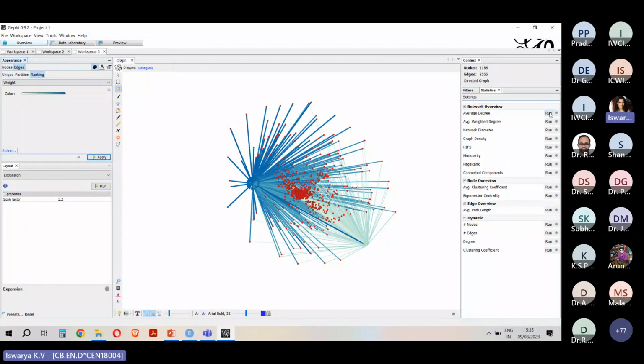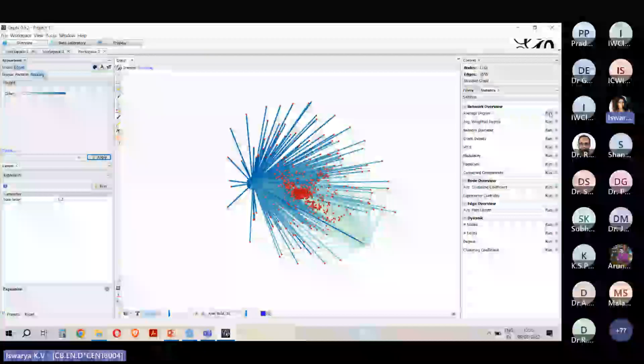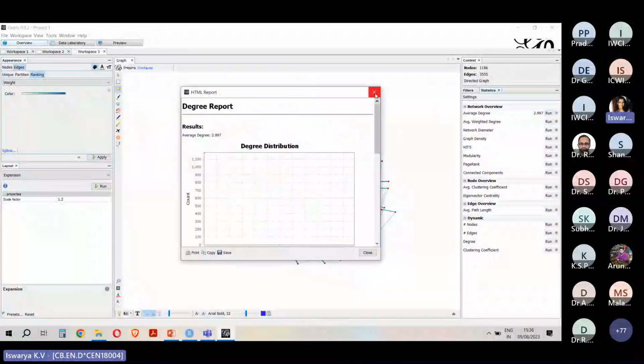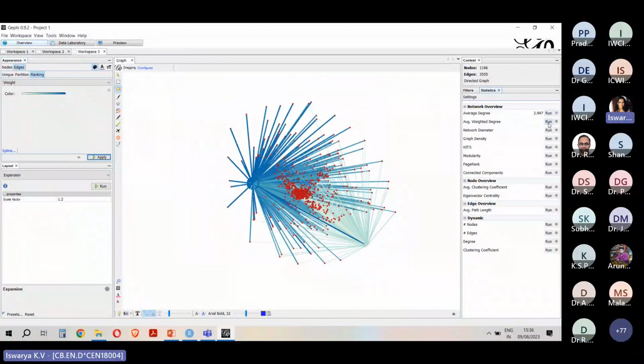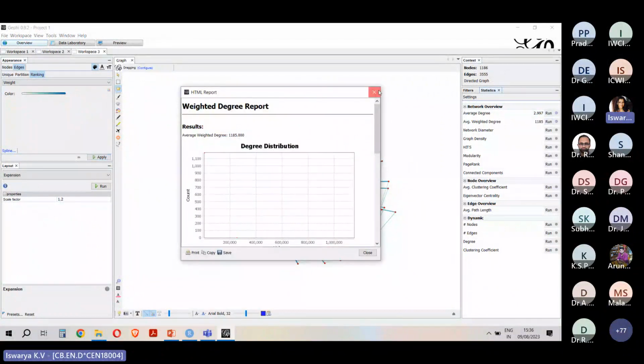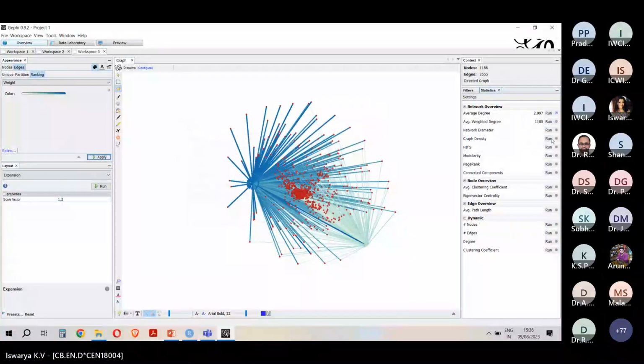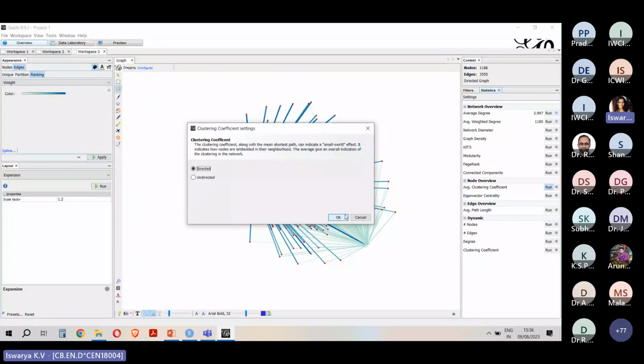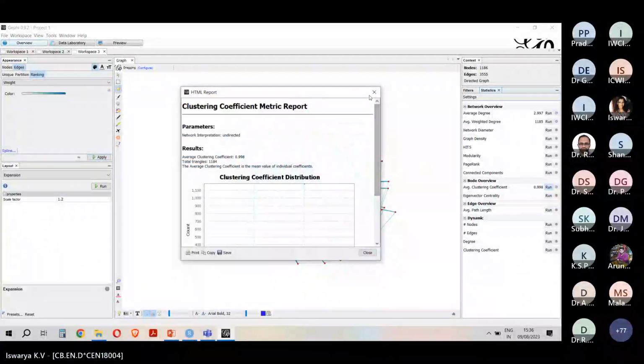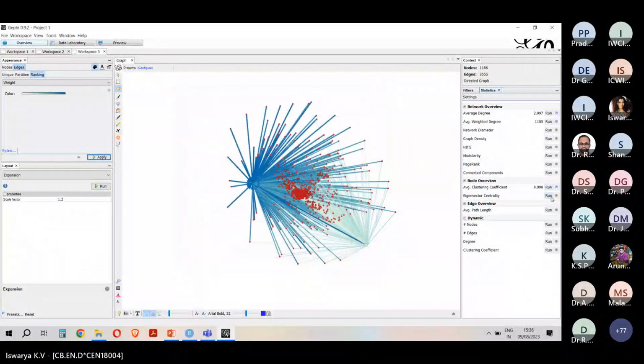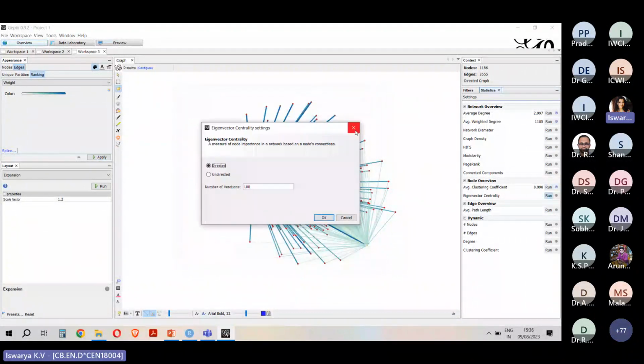On the right side, you have the complex network measures that you can compute: the average degree of the network, here it is 2.997, the average weighted degree, your network diameter, your graph density, modularity. Let's check the clustering coefficient. It's an undirected graph. Any of these parameters that you need for your graph, you can just get through this GUI.